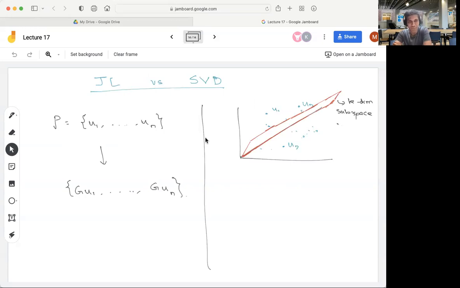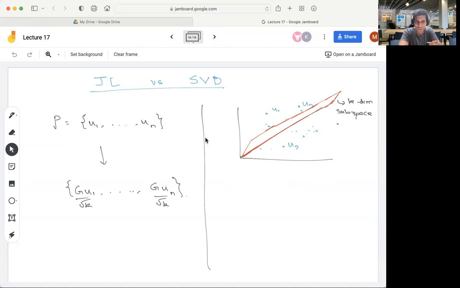You start with a bunch of points, we sampled this random matrix G, and then computed some linear transformation of all points, and we declared that with high probability we'll be able to find a good linear transformation such that all distances are preserved.